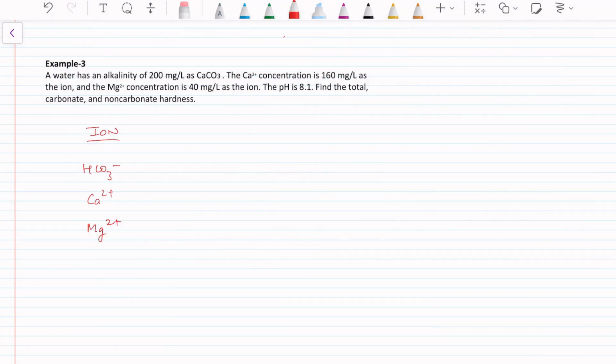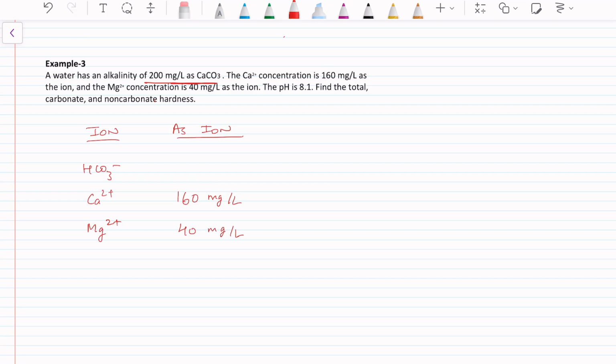Okay, let's consider this example now. Water has an alkalinity of 200 milligram as calcium carbonate. The calcium concentration is 160 milligram per liter, and magnesium concentration is 40 milligrams per liter.